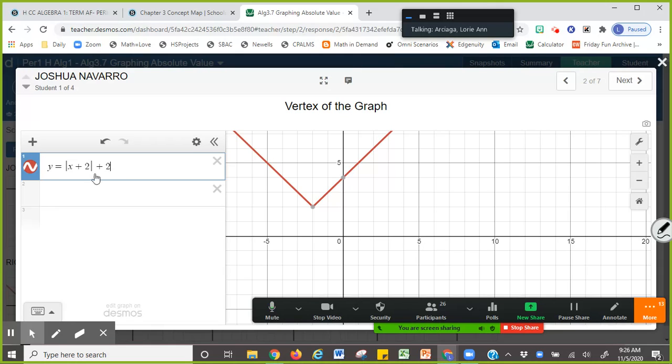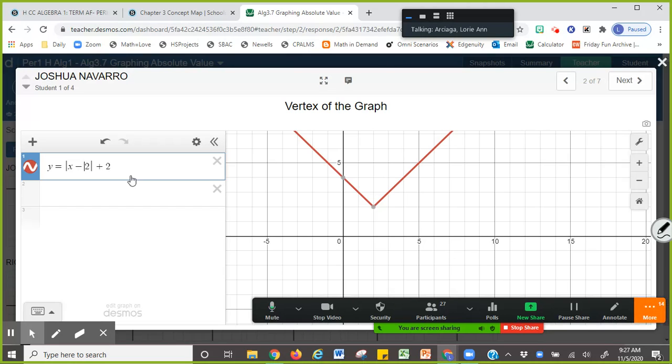Awesome. Okay. Now maybe you're wondering if it will ever go to the right. So then instead of +2, go ahead and change the plus to minus. What happened now? Can you tell me where the vertex went?